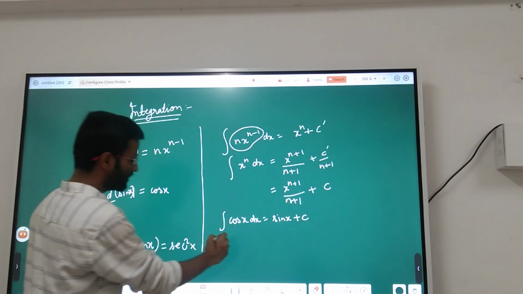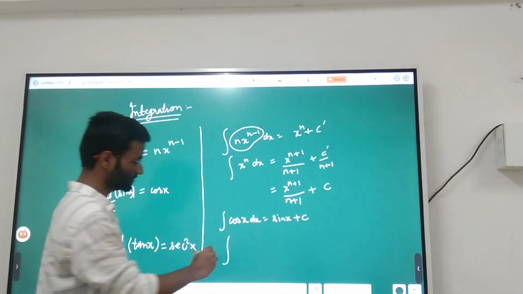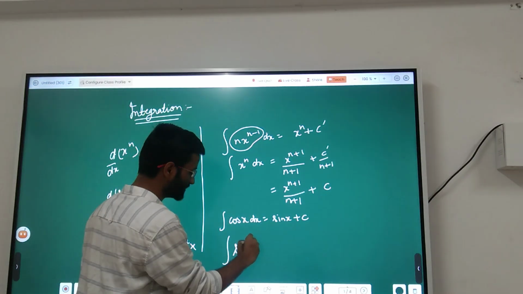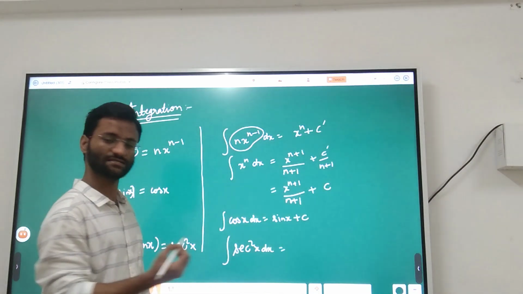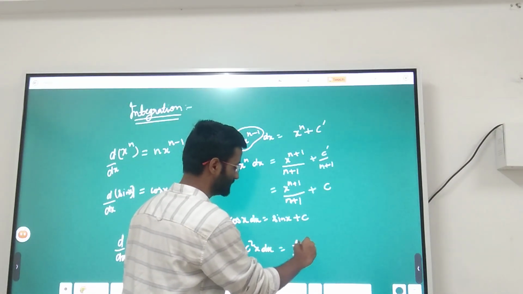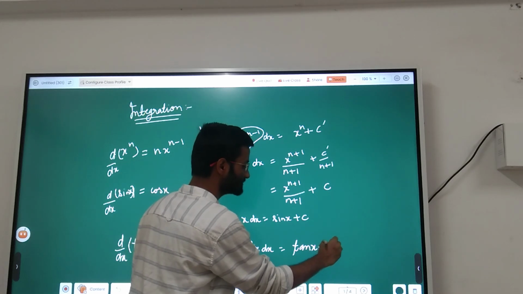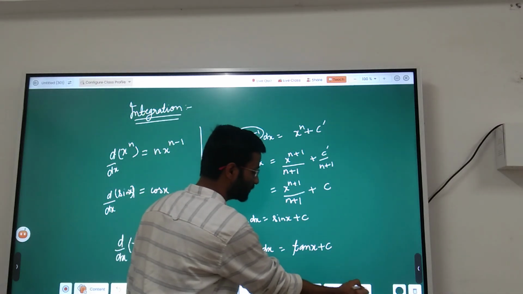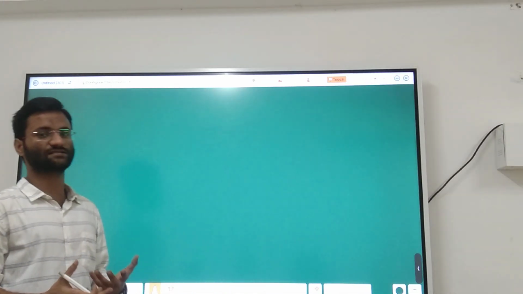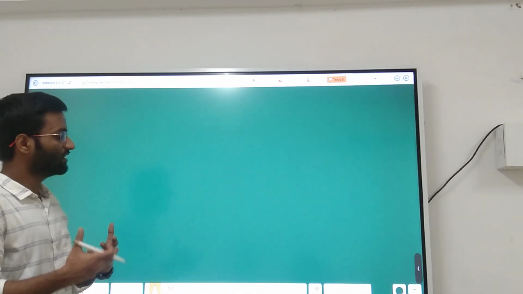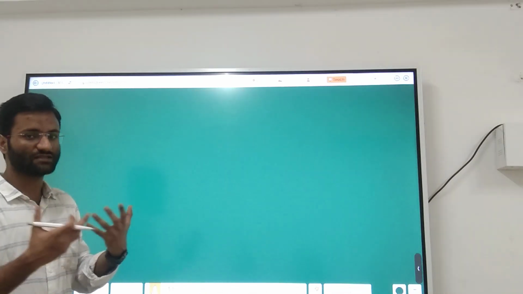In a similar way, the reverse process, the integration of sec square x dx, is going to be tan x plus c. In a similar way, we can take another example. We have taken sin x, cos x, tan x. We can take cosec, cot, all these examples.